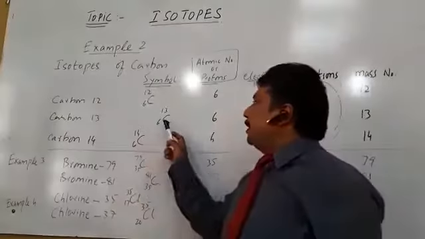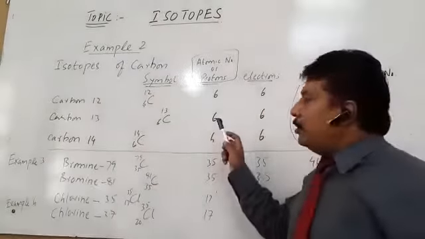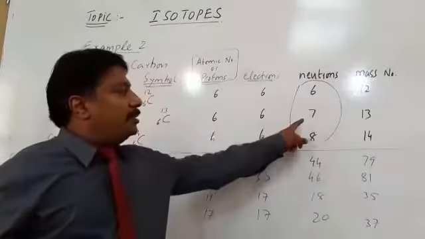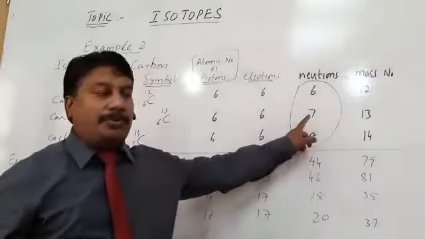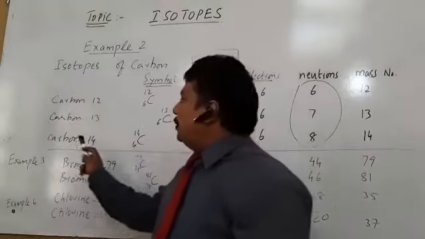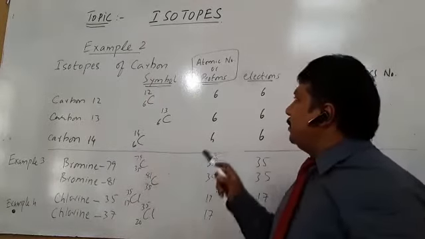Carbon 13 can be written as C 13, 6. It has 6 protons, 6 electrons, but 7 neutrons. So its mass number is 13. Carbon 14 can be written as C 14, 6.